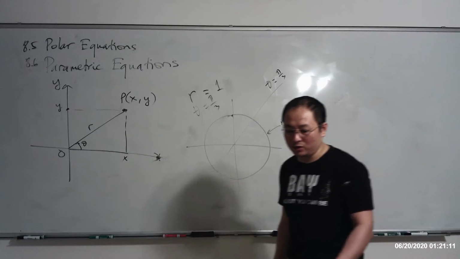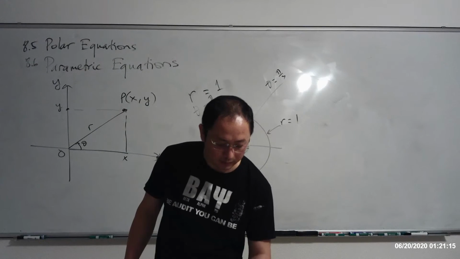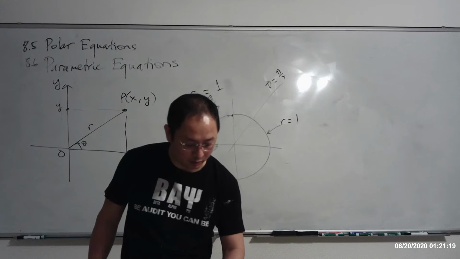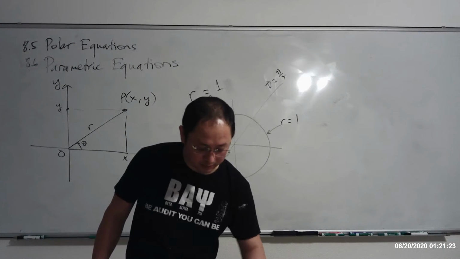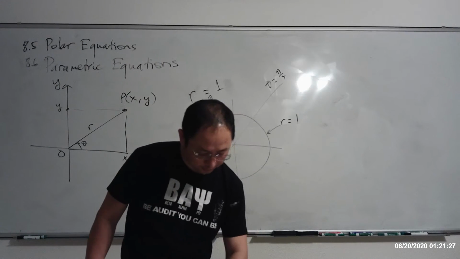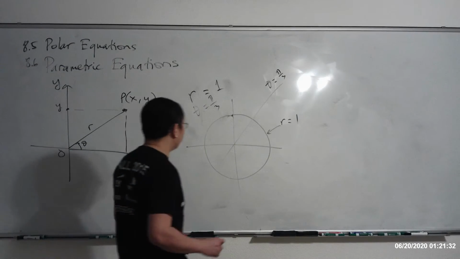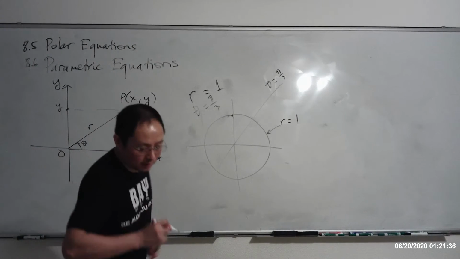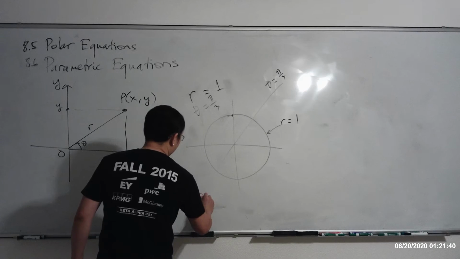Those are equations in terms of polar coordinates. Let me show you some more equations. Let me copy from the book. See, you can have beautiful pictures with polar equations, and you can draw them using calculators. Let me show you one. I found a good one. How about this equation, in red: r equals 1 plus cosine theta.